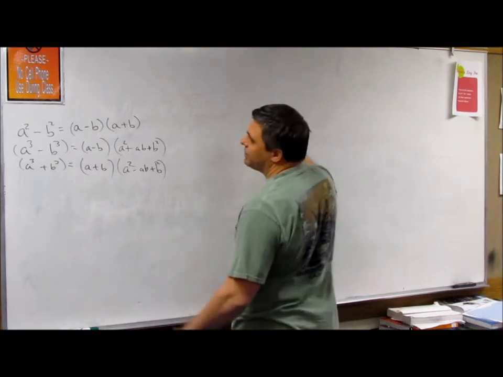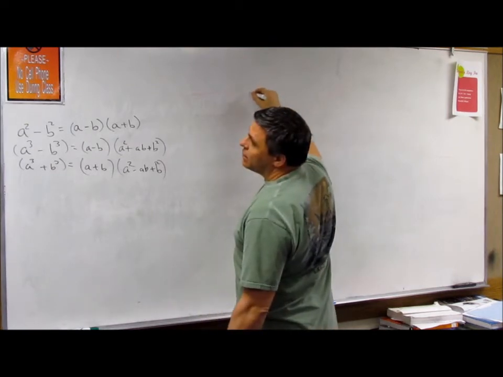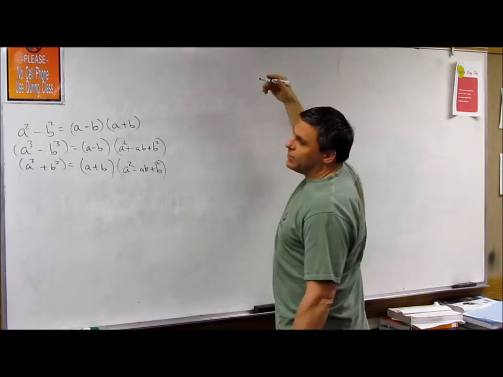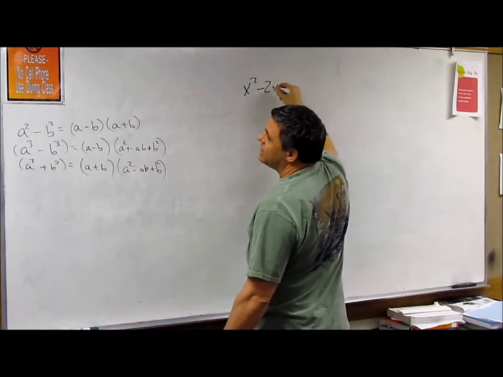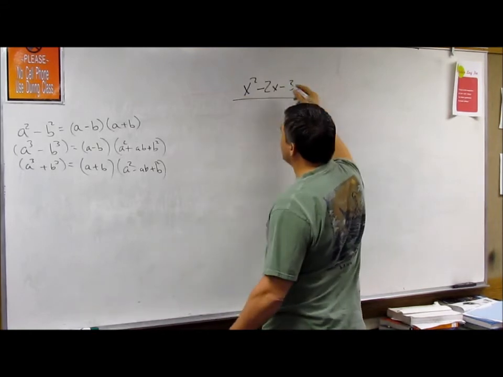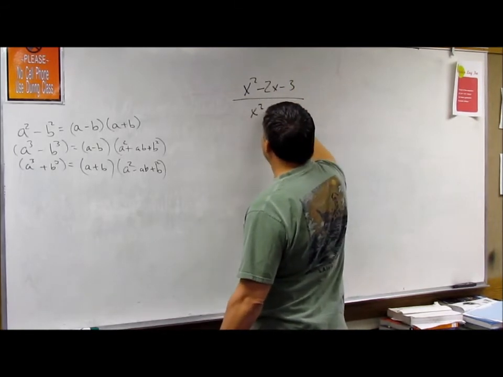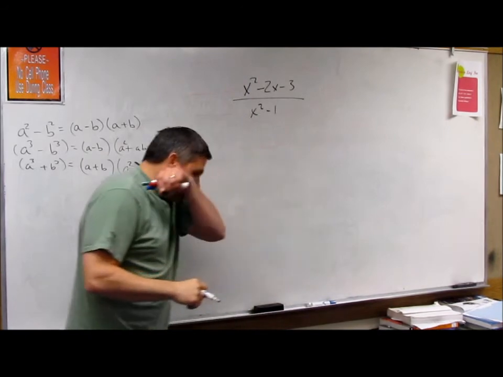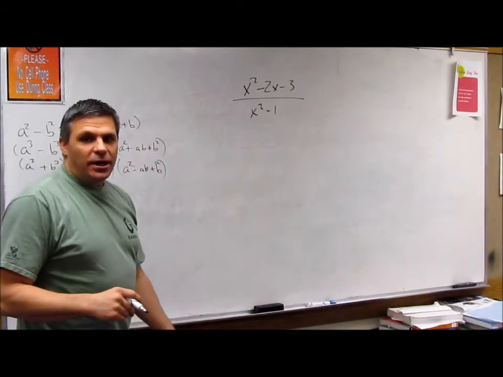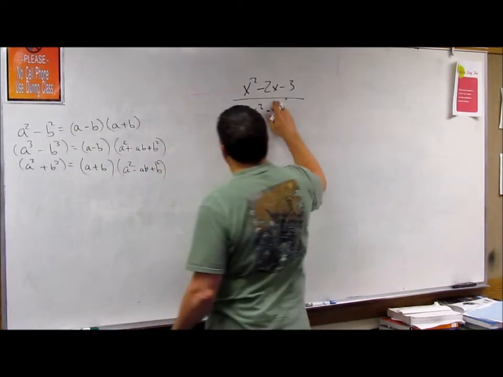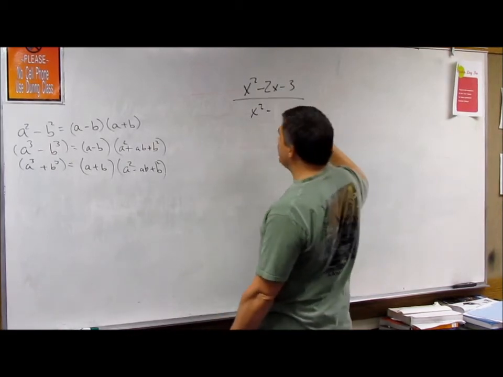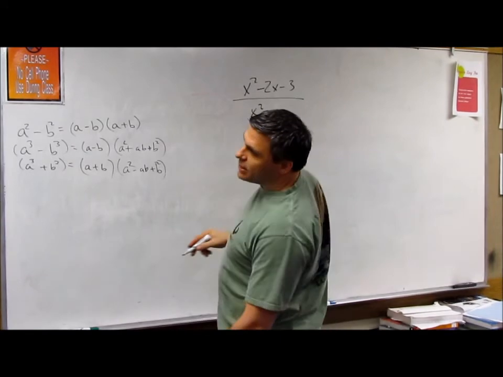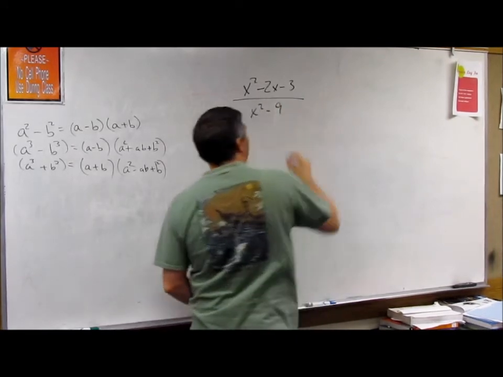I'm going to do x squared minus 2x minus 3 all over x squared minus 9. Why not? We've already done the minus 1.